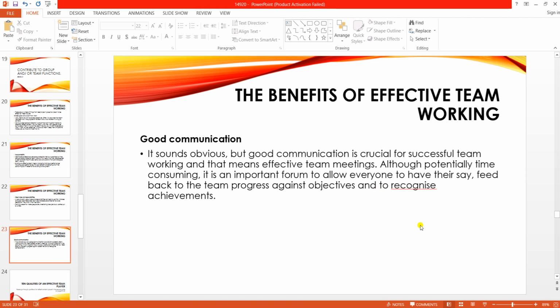Good communication is crucial for successful team working, and that means effective team meetings. It is an important forum to allow everyone to have their say, give feedback on the team's progress against objectives, and recognize achievements. So it's important to let everyone say their part about the task at hand, and understand their perspective: what they are thinking, what their capabilities are, and what can be improved.